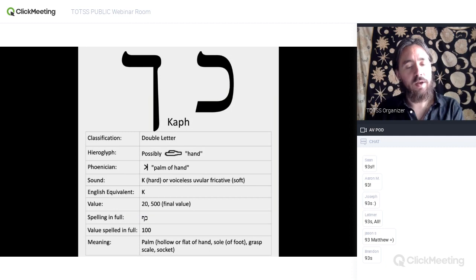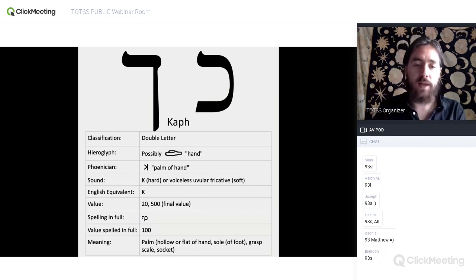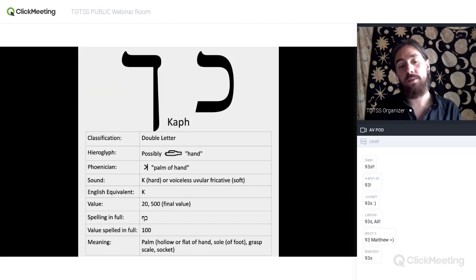Spelled in full, Kaph is Kaph Pei, and you can see that's the final form of Pei there because it's the last letter. And that value spelled in full is 100, which is an interesting number and has some important significances. Crowley mentions this in the Book of Thoth and in other places as well, that spelled in full, Kaph as Kaph Pei, which would be equivalent to K and P, can be understood as standing for the Greek words phallos and kteis, the names for the male and female genitals.